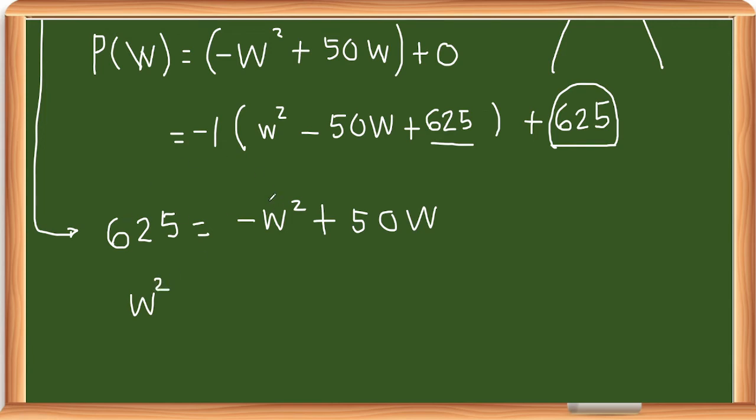Ililipat ko na lang siya dito, no, para maging positive. And then ito magiging minus 50W. Ito hindi na natin ililipat, so that's plus 625 is equal to 0.